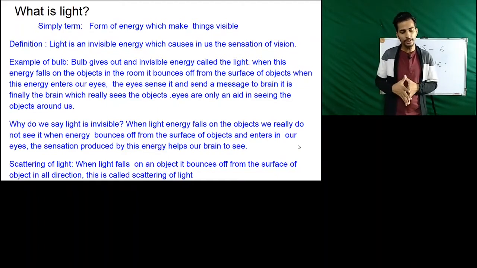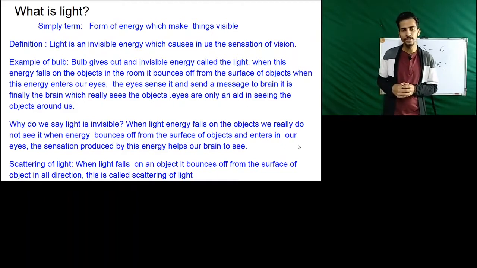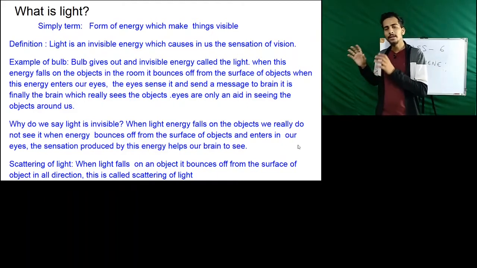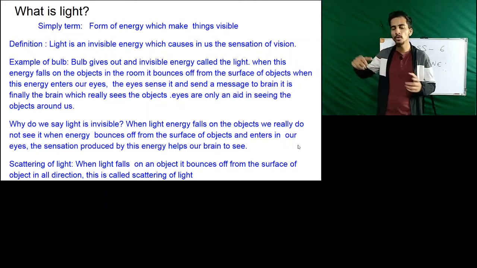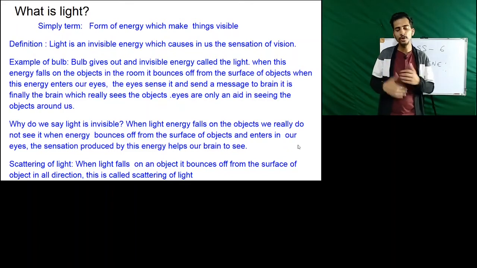So we have the scattering of light. What is scattering of light? When light falls on an object, it bounces off from the surface of the object in all directions. When that light energy bounces off to our eyes, it goes in every direction, not only in one direction, and that we call scattering of light. So I hope you understood what is light.